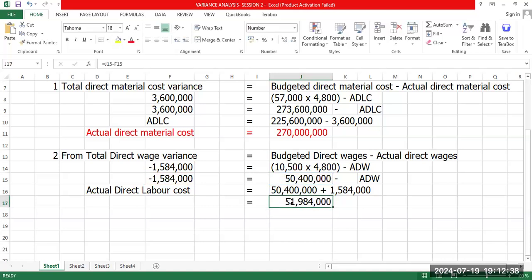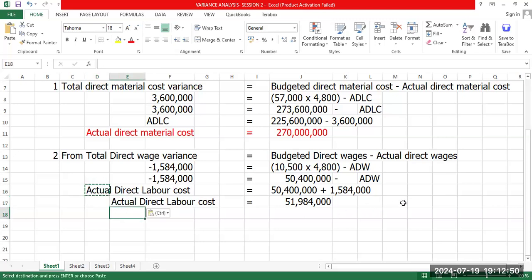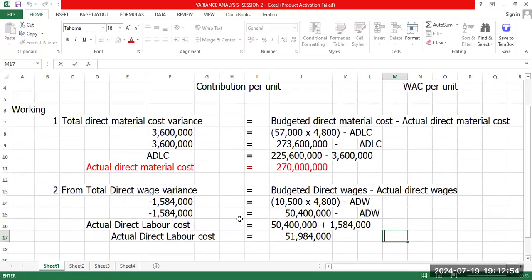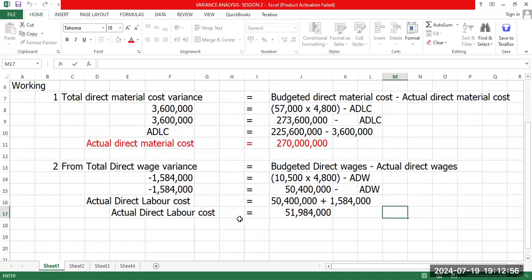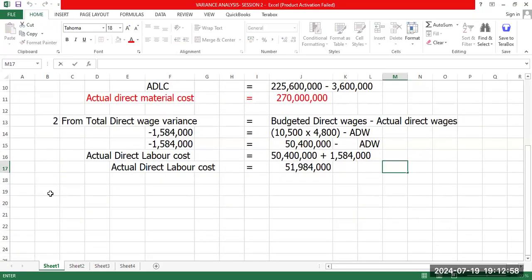Do you have this? Yes. So we have our actual direct labor costs.